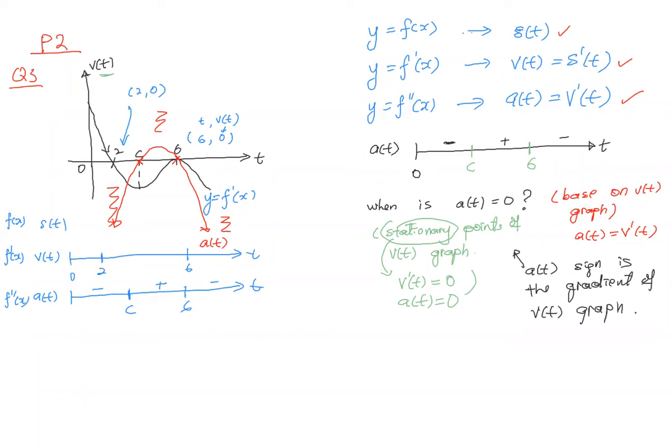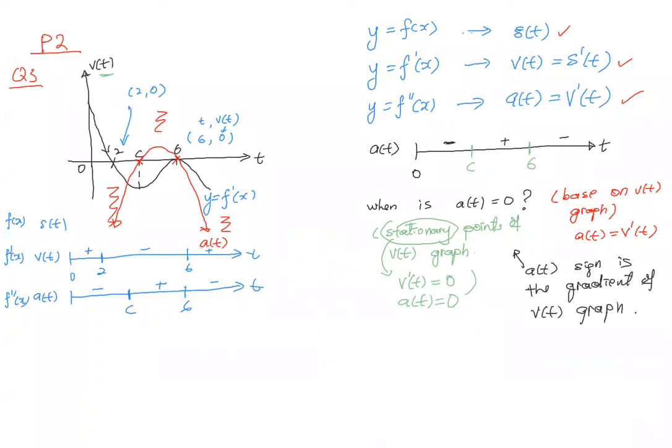So from 0 to 2. Yes? I'm in the library. Okay, sure. From 0 to 2, is the velocity positive or negative? So it's positive. Then this one is negative. Then after this is positive, correct?